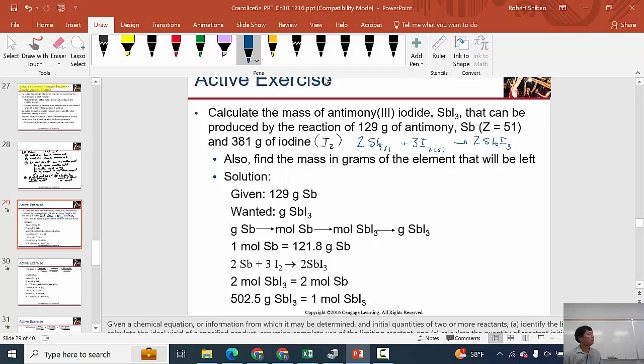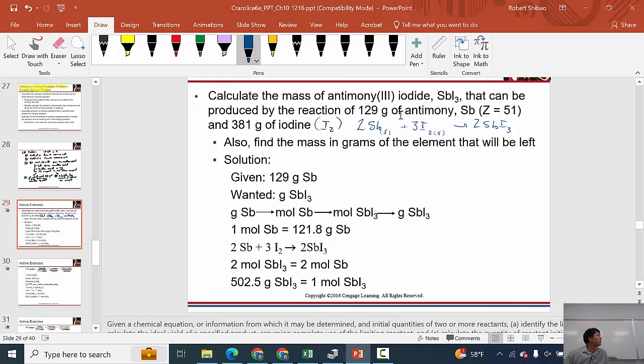Calculation 2, I would calculate how many grams of SbI3 I can produce from the iodine, assuming I have excess antimony. And then see which one yields a smaller amount. And so let's take a look at what they did. So the product here is SbI3, and we're going to look for the smaller amount of grams of SbI3. Is A going to give us the smaller grams, or is B going to give us the smaller grams?